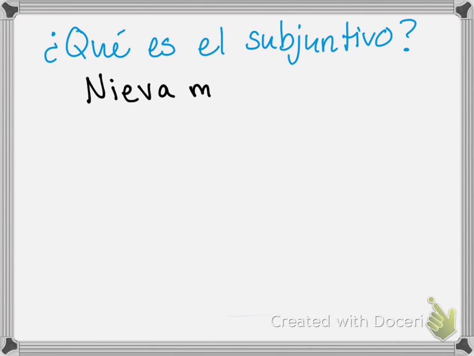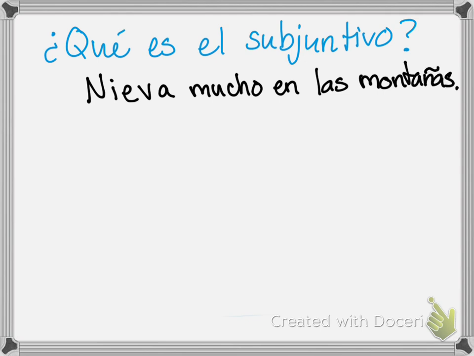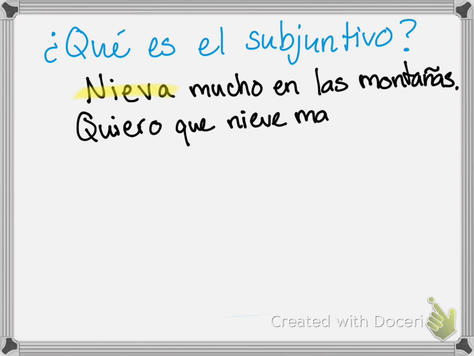nieva mucho en las montañas. This is a statement of fact. Nieva mucho. It snows a lot. Nieva mucho en las montañas. Nieva is my verb, right? Nieva mucho en las montañas. If I were to express feelings about that, my personal feeling, because I like snow, is quiero que nieve más.